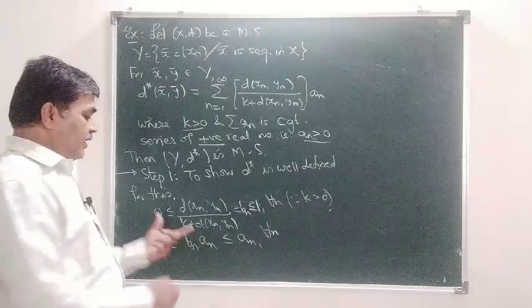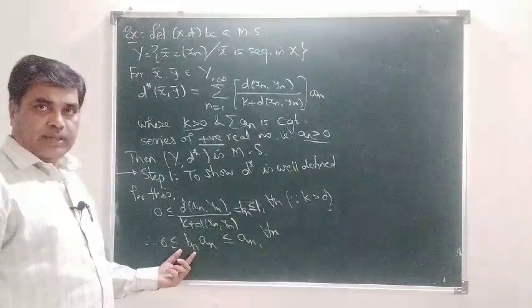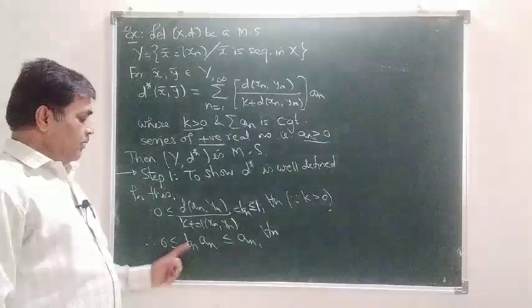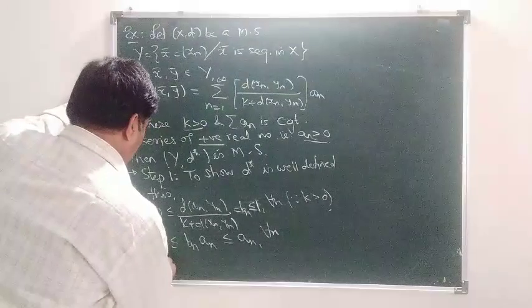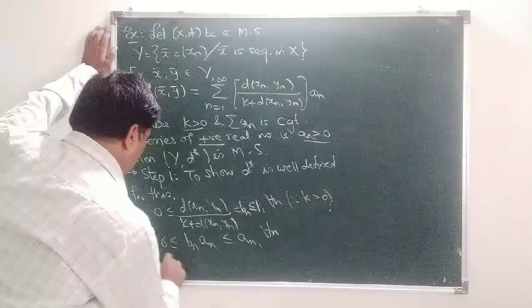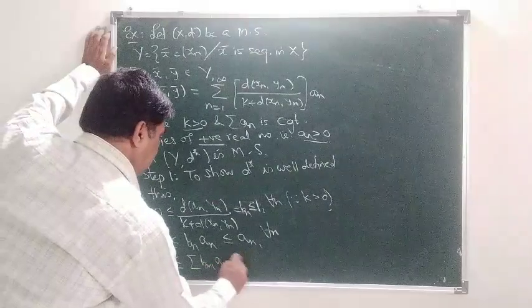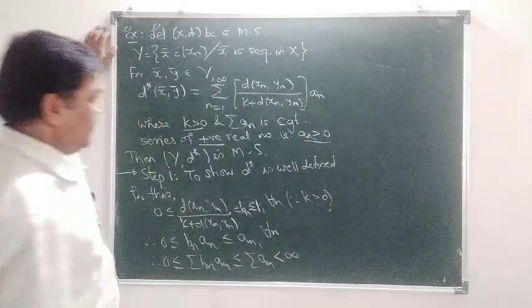If I multiply any number by a number lying between 0 and 1, means if I multiply these an's by bn, then bn an must be less equal an, and therefore 0 less equal summation of bn an, this must be less equal summation of an, this is less than infinity.